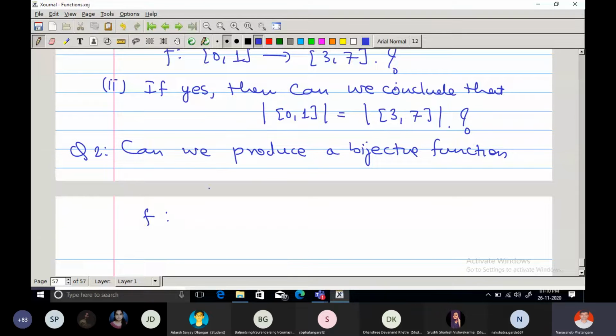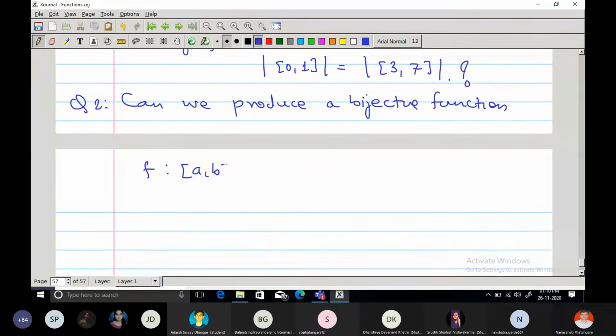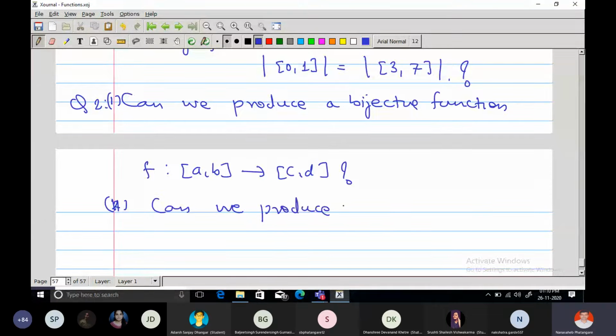This is the question. Can we produce a bijective function f from any interval (a, b) to any other interval (c, d)? Do you understand the meaning of interval?